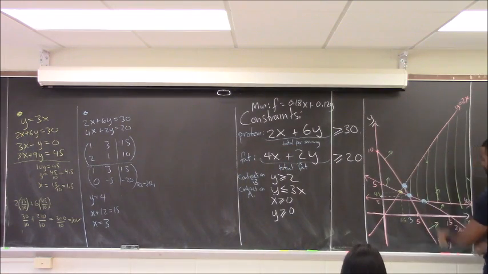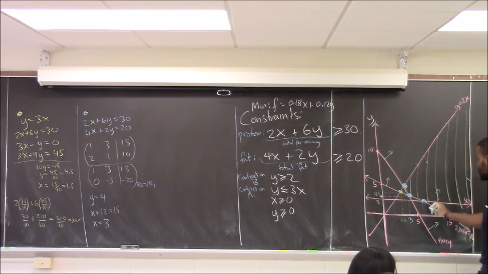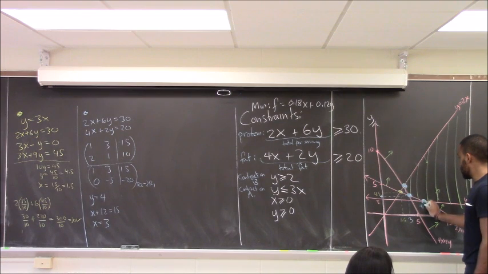We do know this location because that's just y equals 2, right? So if I take the 2x plus 6y, plug in y equals 2, that will give me 12. Move the 12 over. 30 minus 12 will give me what? 18. Divide by 2 will give me 9. So this here is 9 comma 2.